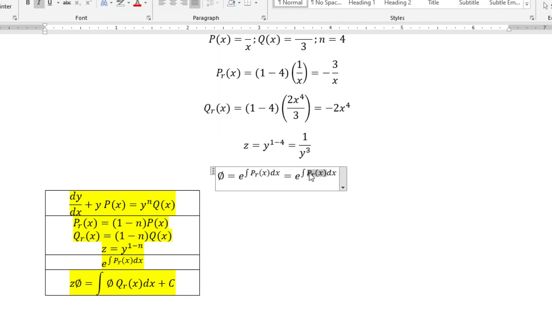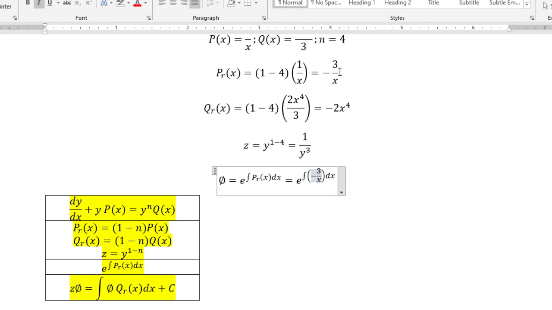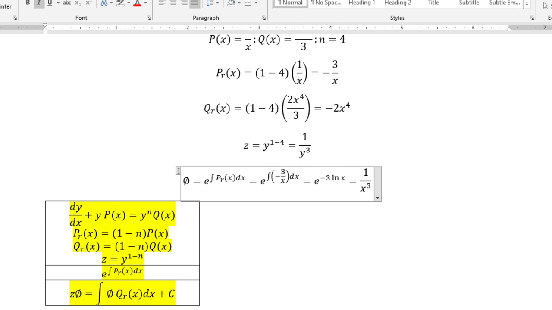Ang PR of x natin will be negative 3 over x. So, magiging e raised to negative 3 ln x, or equal to 1 over x cubed. Ang phi natin, or the integrating factor.